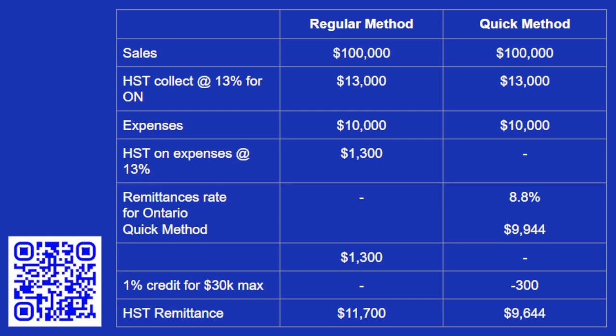So the amount that you remit is $9,644. So in this scenario where expenses is much lower, you have a lower remittance amount for the quick method compared to the regular method.